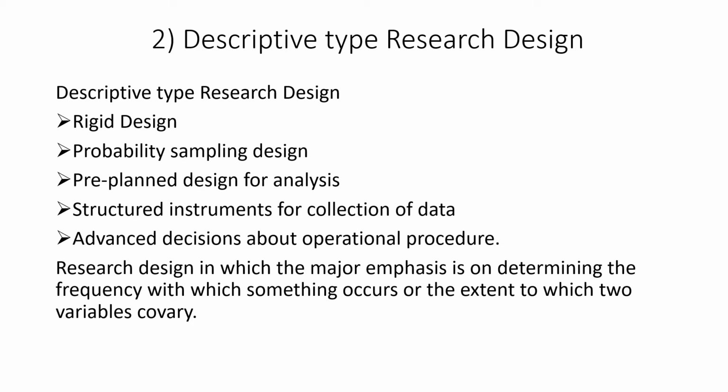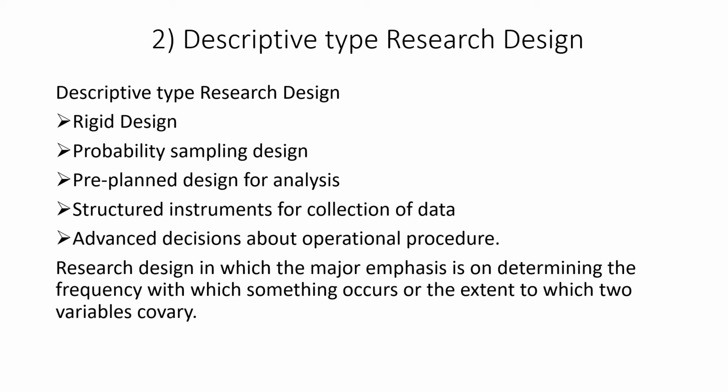So in this research design, we have discussed determining the frequency, how many times something happens, or to what extent these variables will change the other variables. When we discuss variables, there are mainly two types: dependent variables and independent variables.